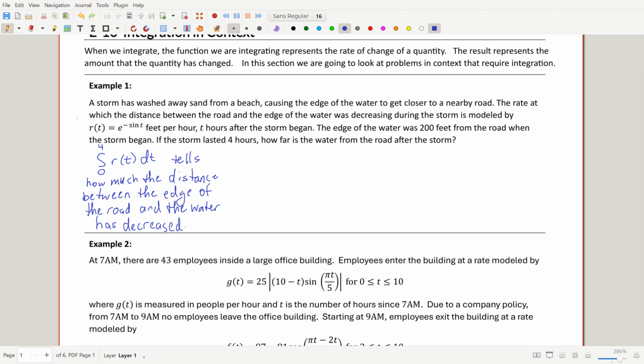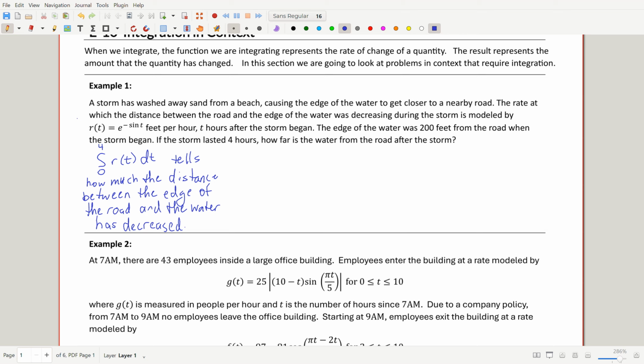A small detail about signs, and this is important. I think it's pretty consistent from the way I've read through problems. The distance is going to decrease between the road and the water, right? That does not mean that this integral is going to be negative. Think about how you would write this problem if rather than giving you a function, I was actually giving you a measurement.